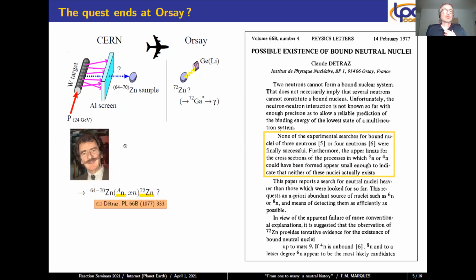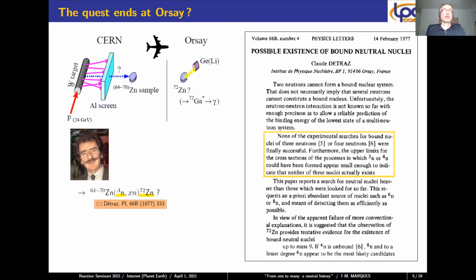And then in 1977, this is an experiment carried out by Claude Detraz, who was later director of Ganil and IN2P3. This was done at CERN. You have a tungsten target hit by a high energy proton beam, and you are supposed to produce a lot of particles.